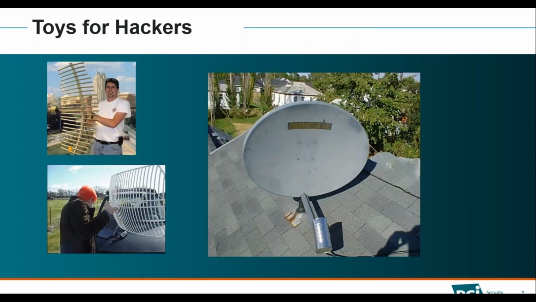Now, what are the toys for hackers? Look at this. They have taken a normal wireless antenna and converted that into your snooping device. You can even take this dish antenna, which is used by these dish TV operators, to fashion out a wireless antenna. So you need not even be within 50 meters of the wireless access point.